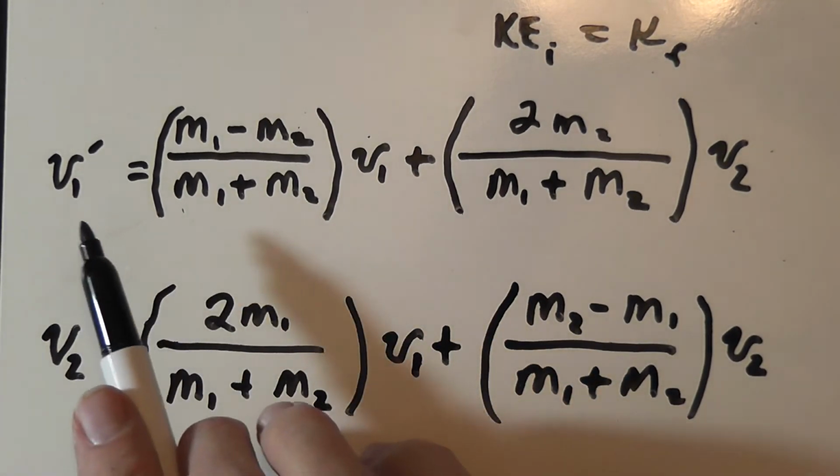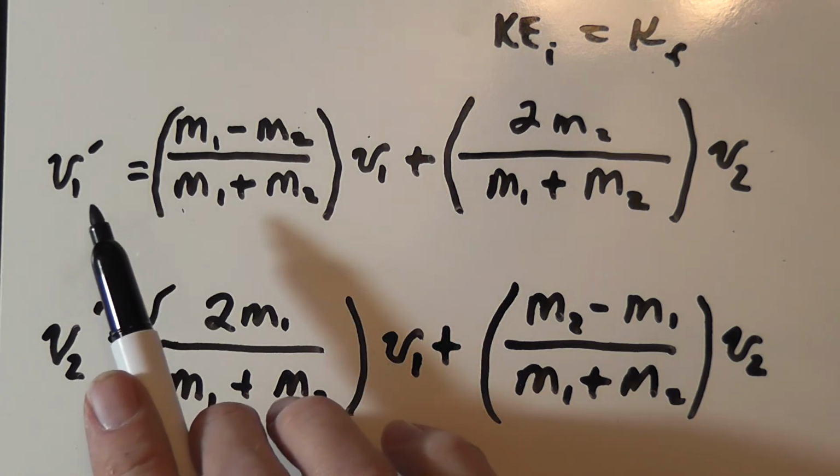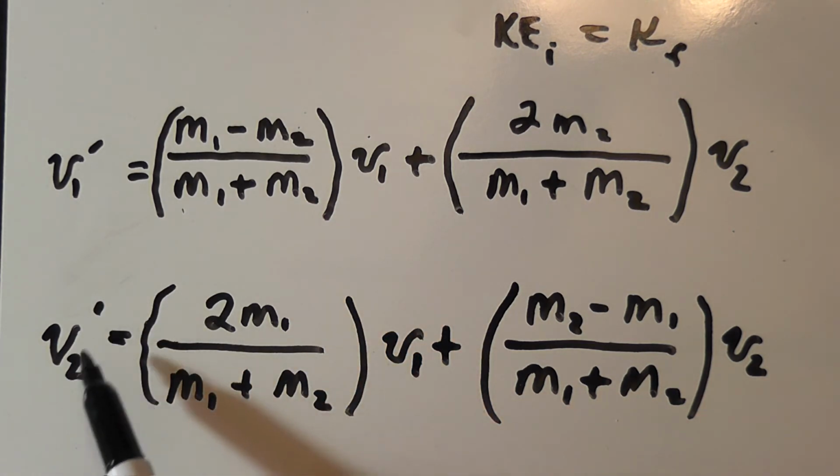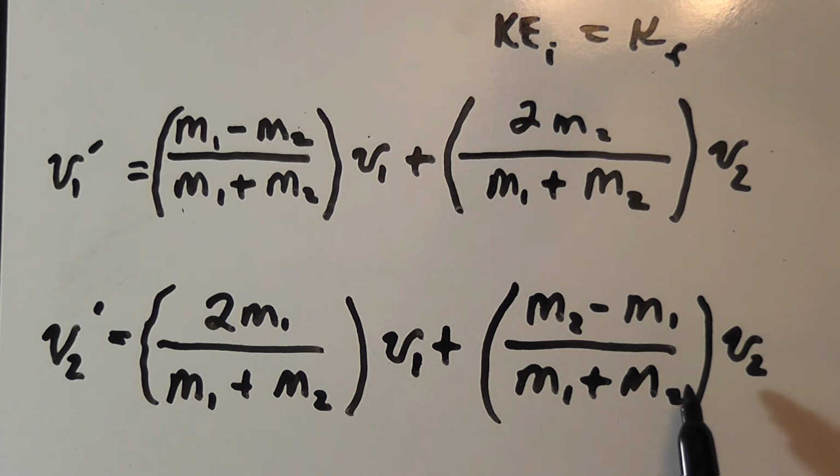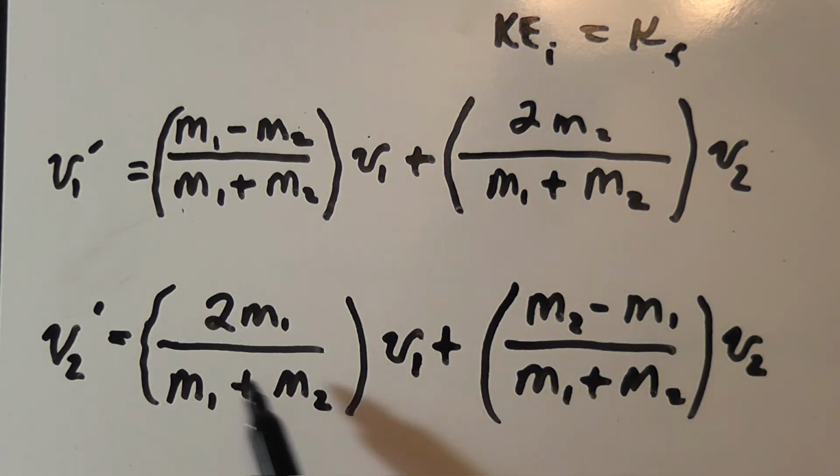Okay, you get what v prime 1 is equal to and what v prime 2 is equal to. And all you do is plug in the values here, and you'll get those two answers.